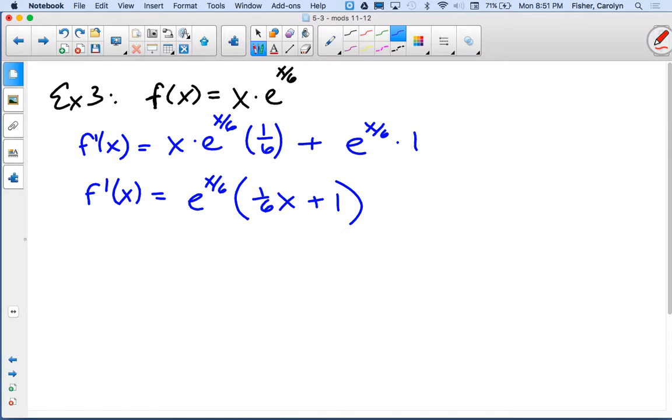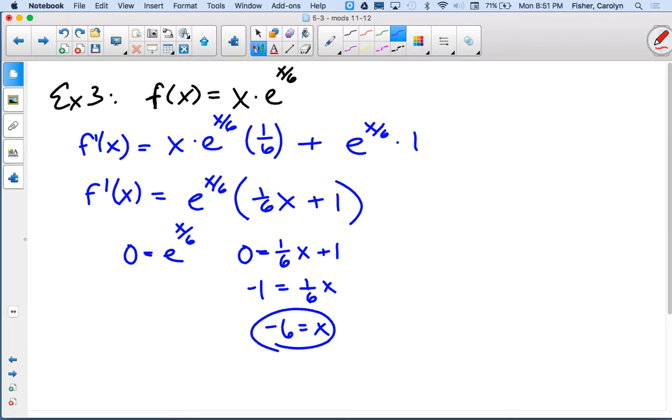So since it's already in factored form, let's just set this equal to 0. And I'm going to say 0 is equal to e to the x over 6, or 0 could be 1/6 x plus 1. That'd be -1 is equal to 1/6 x. Times 6 on both sides gives you a -6 for x. And then on the other side, I'm going to take the natural log of both sides. Natural log of 0 is not defined.